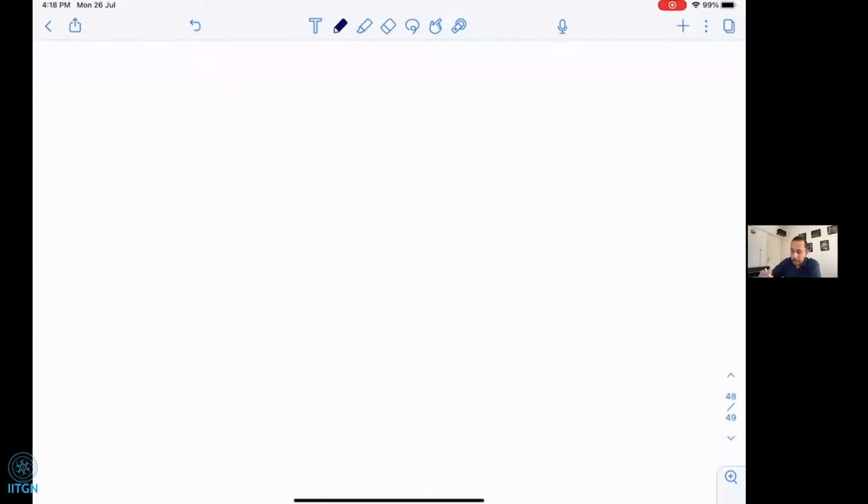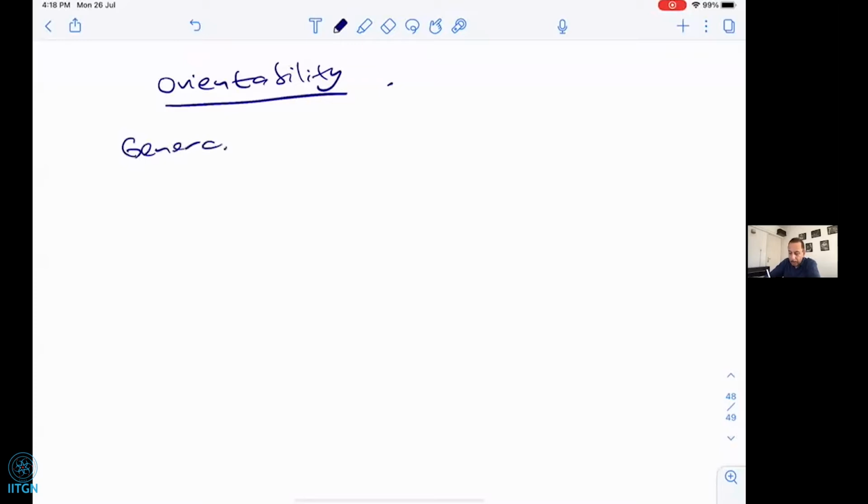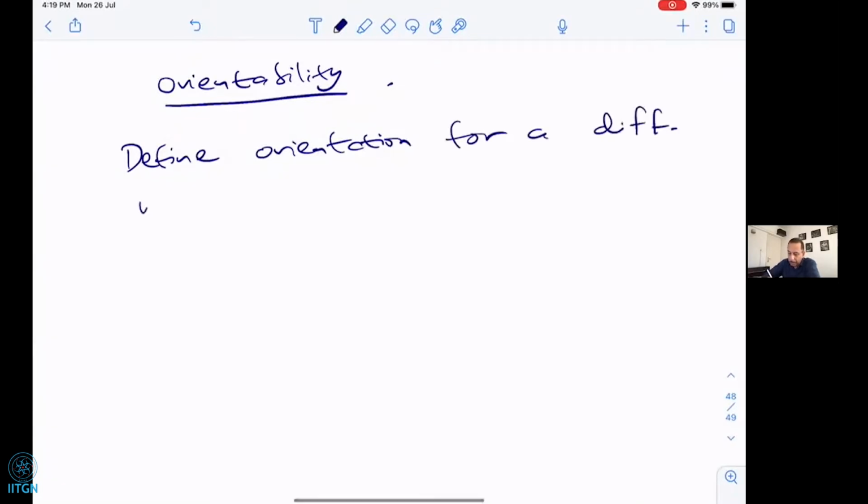Now, one more thing before we embark on an important topic of calculus on manifolds is orientability. I'm going to be very brief with this. How do we define orientation for a differentiable manifold?